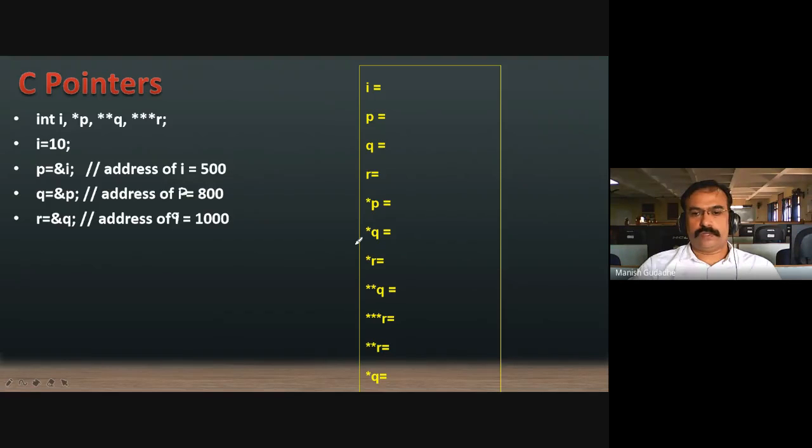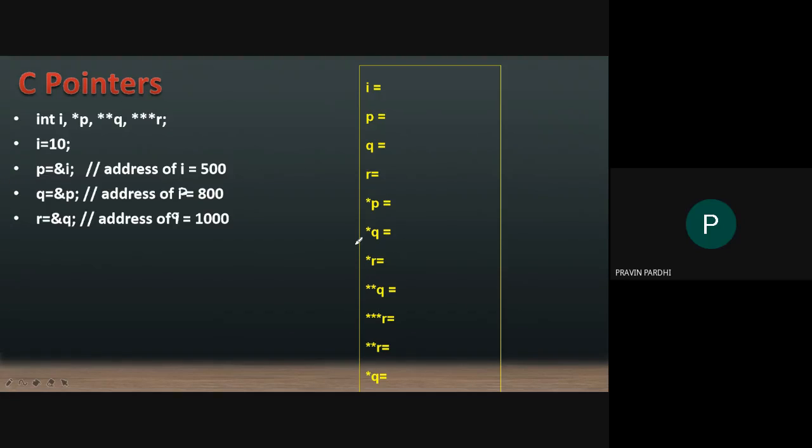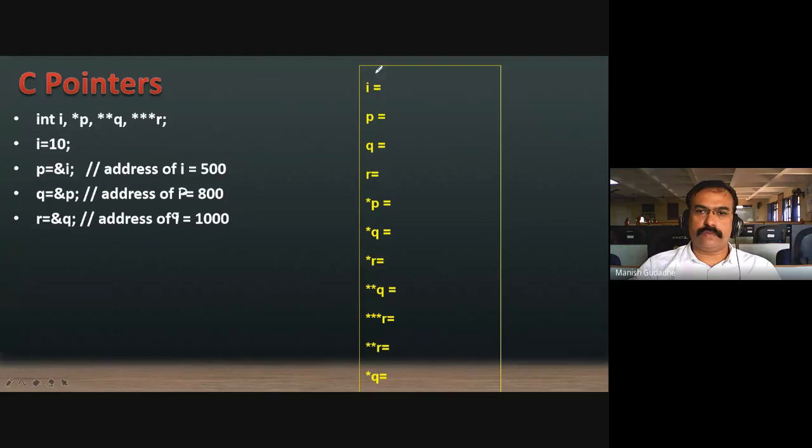Can you know the answers now? Can I ask this answer to Praveen Pardik? What are the values of P, Q, and R? There is no need to tell about I. I is telling.